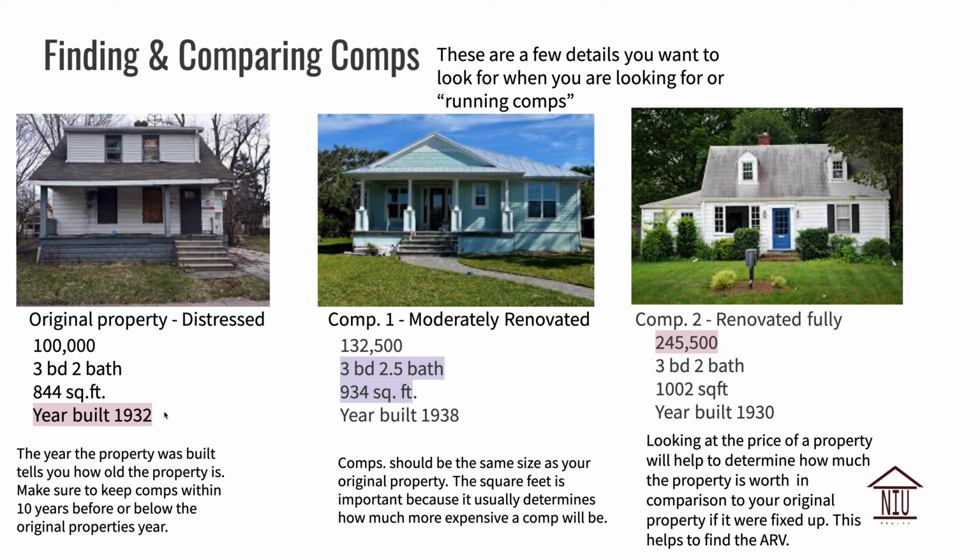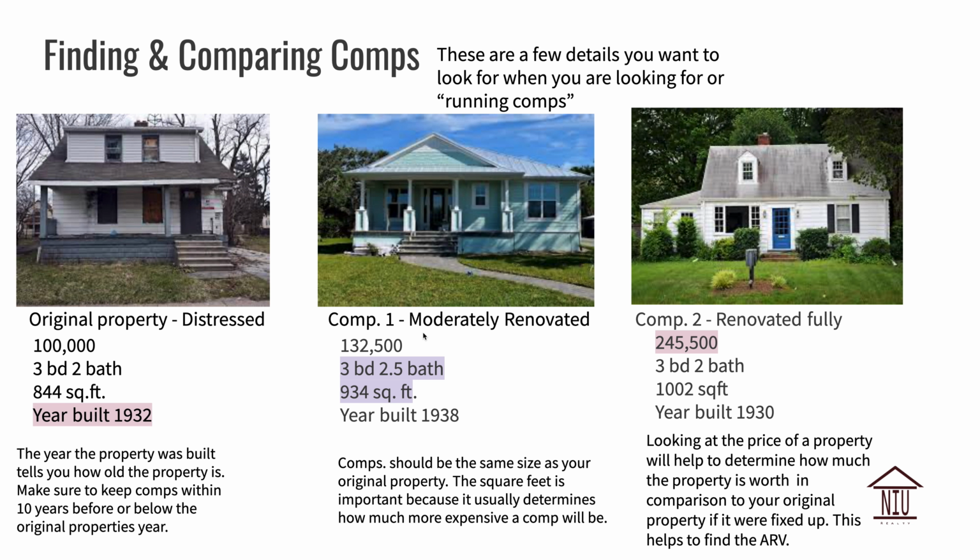This basically tells you how old the property is. Make sure you keep the properties you're comparing within 10 years above or below that original number. So if it's 1932, then you want to make sure that the property you're comparing it to wasn't built any later than 1942 or any earlier than 1922.